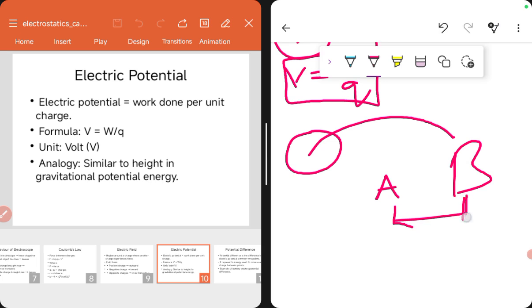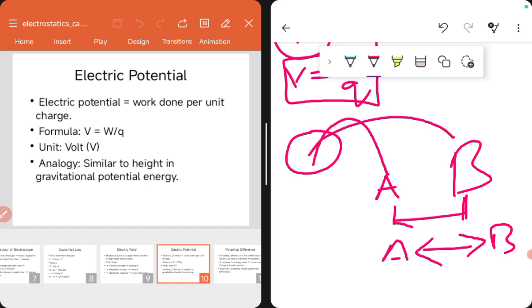So B has a higher electric potential than A, so there will be a potential difference between A and B. Now let me come again. Electric potential is the work done in bringing a unit positive charge towards a point, let's say point A here.